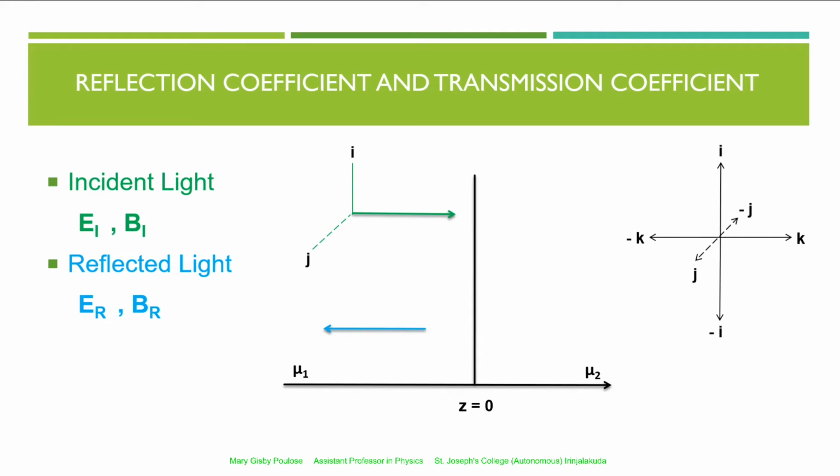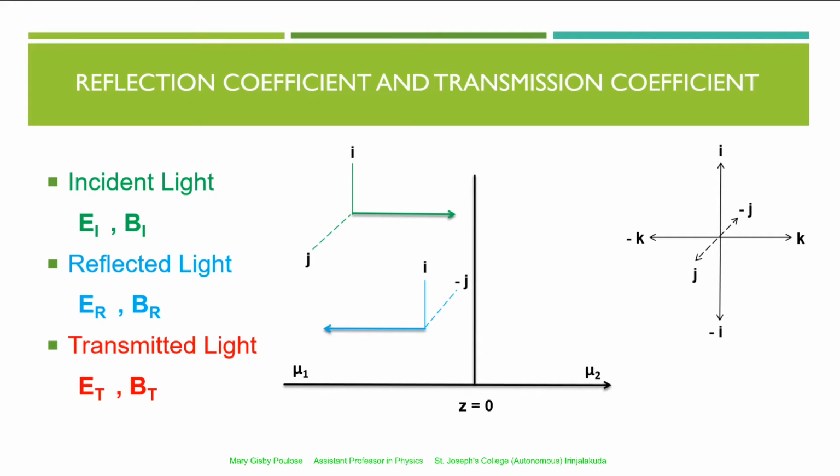This blue ray represents the reflected light, and the i vector represents the direction of electric vector ER, and minus j represents the direction of magnetic vector BR. Here you have to notice that the direction of the magnetic vector has reversed.